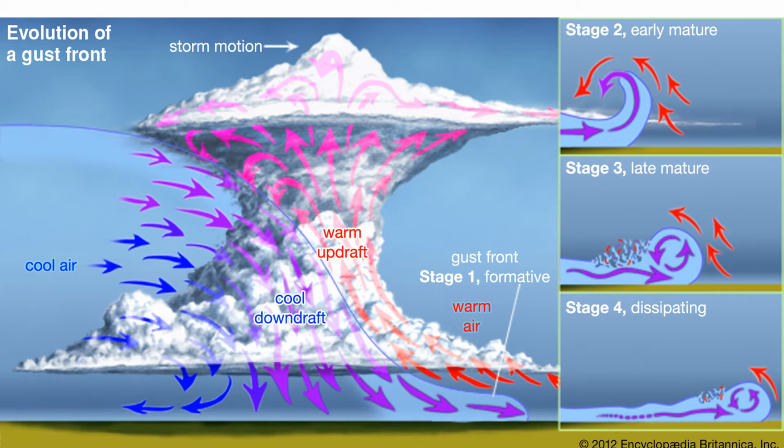A supercell is a thunderstorm that has a single rotating updraft that can exist for hours. Looking at these updrafts and the pattern of precipitation associated with the storm, we notice that humid air is drawn into the supercell, spins counterclockwise and rises.